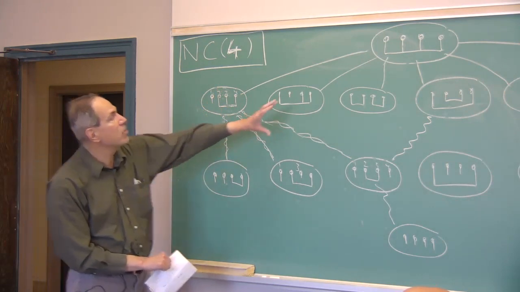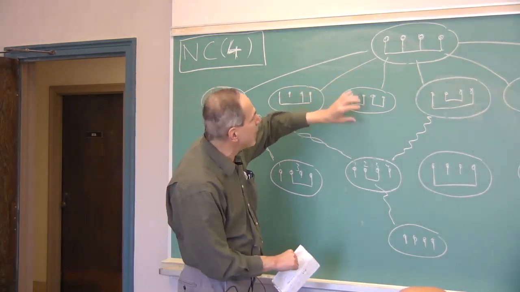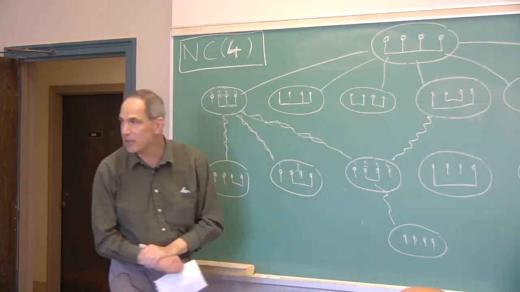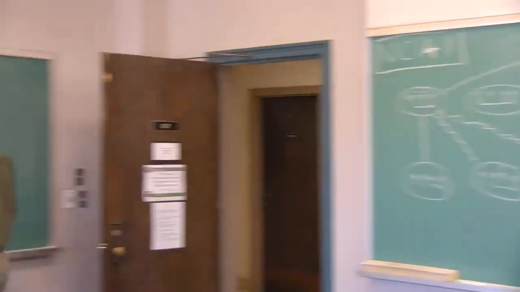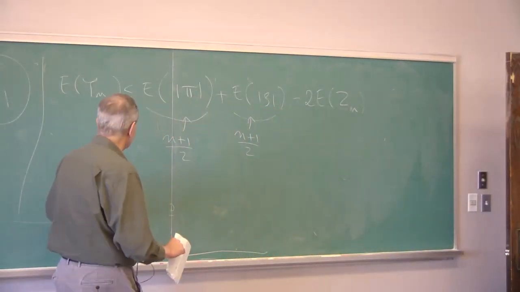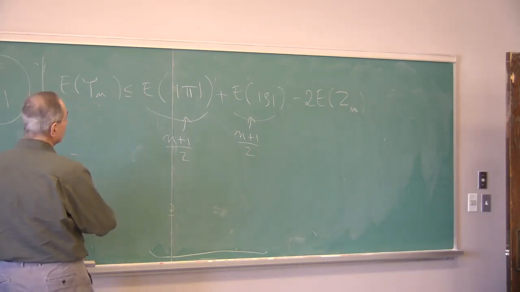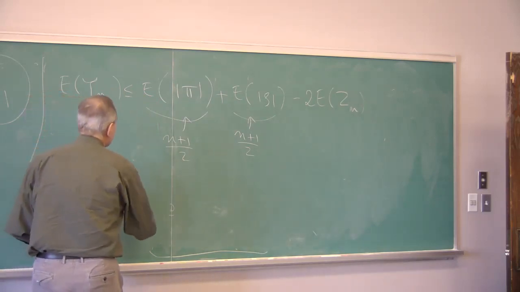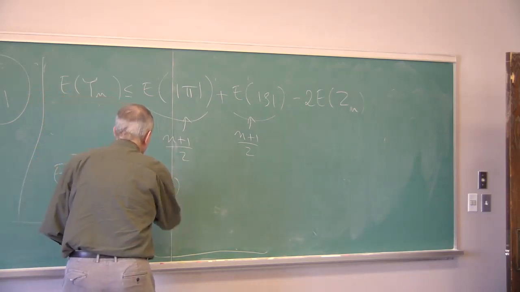So you can group every pi with its complement, and together they always have n plus 1 blocks. So using this top-down symmetry of the graph, you get this: n plus 1.